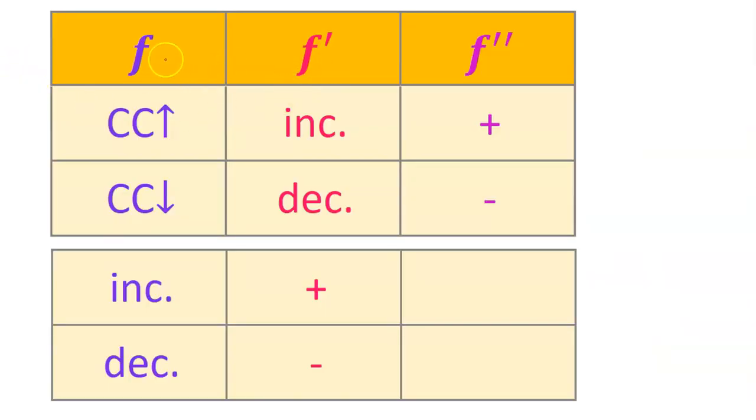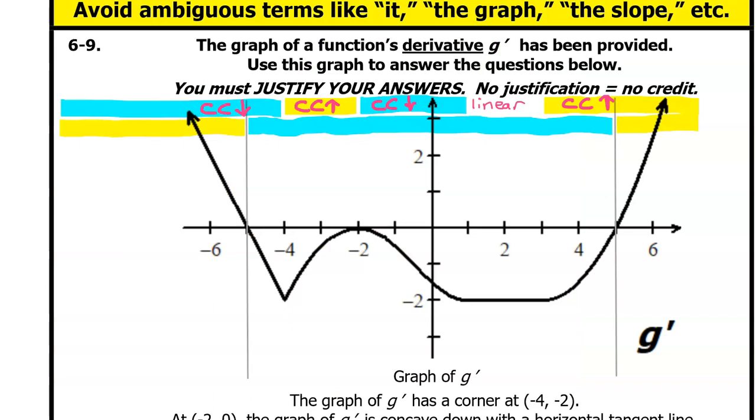Going from g prime to g is a two-step process because now we must divide g prime into intervals of positive and negative. Where is it above the x-axis and where is it below the x-axis? g prime only crosses the x-axis twice. So it starts out positive, and then in this middle interval it is either less than or equal to 0, and then in the final interval it is positive.